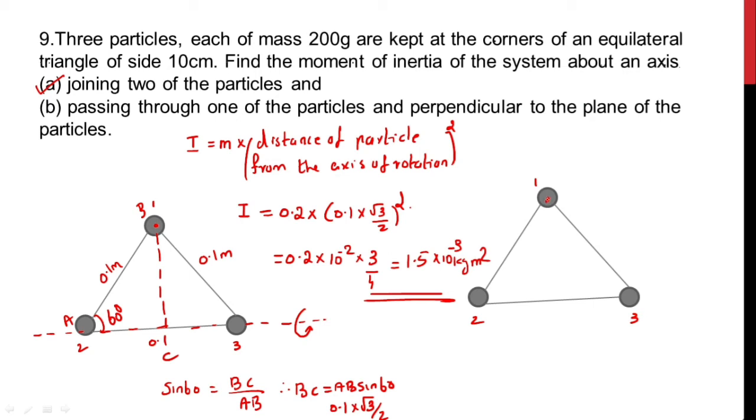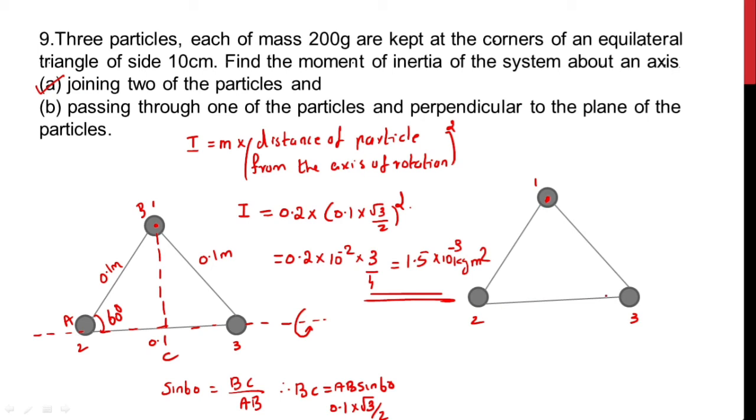The axis of rotation is passing perpendicular to the plane containing these three particles. I cannot draw where the axis is, but you can consider the axis is passing exactly perpendicular to the screen right now. So this is the axis which is passing perpendicular through this particle.